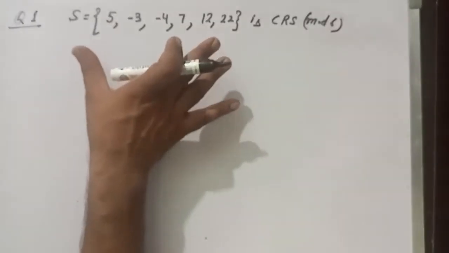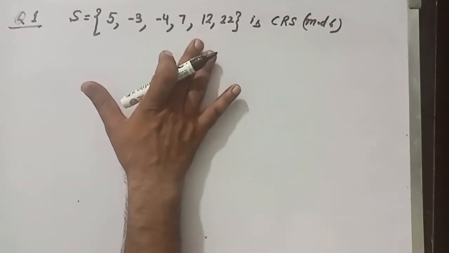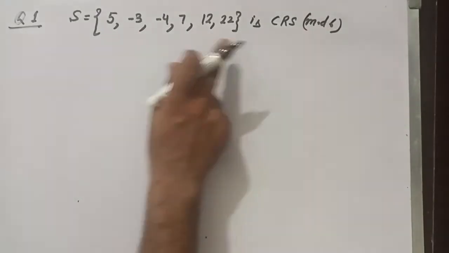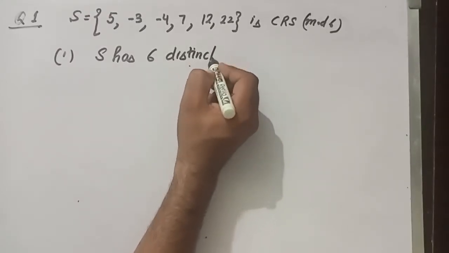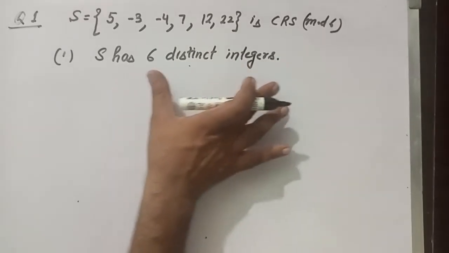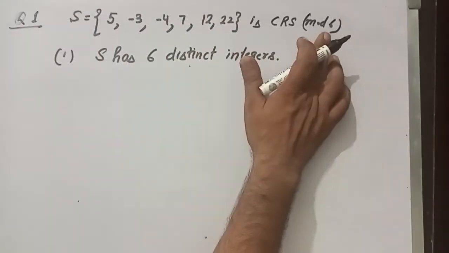To check that, we have to check that this set has 6 distinct elements, and clearly it has 6. So the first step is clear: S has 6 distinct integers. Six distinct integers means no two integers from this set are congruent modulo 6.